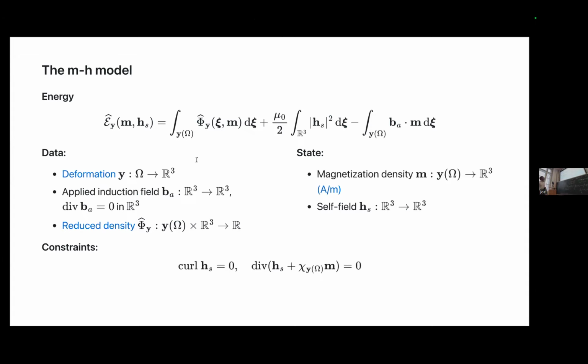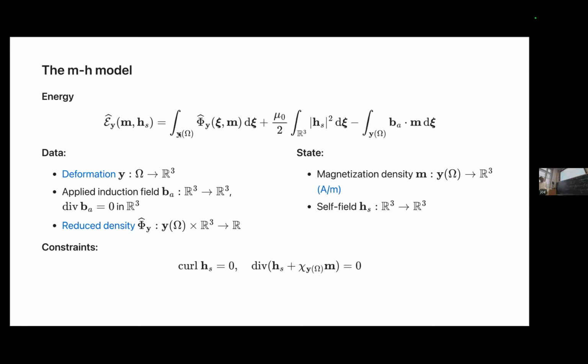Okay, so this first slide is essentially a summary of what I was showing before. The important difference here is that I'm considering the deformation as given, because my variables of interest now are the magnetic variables.